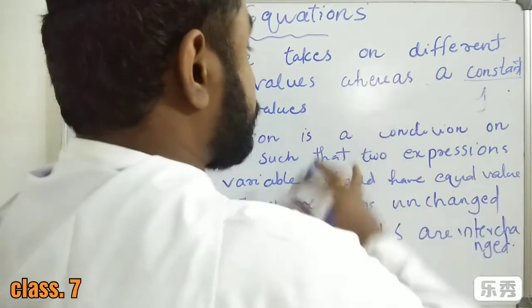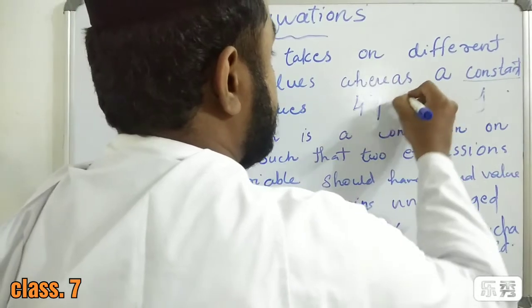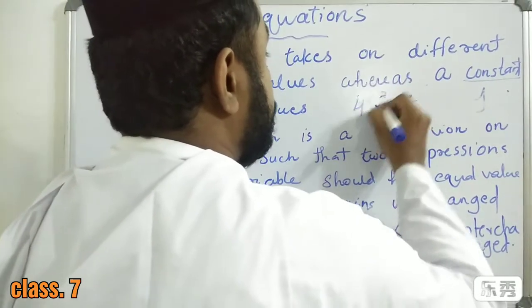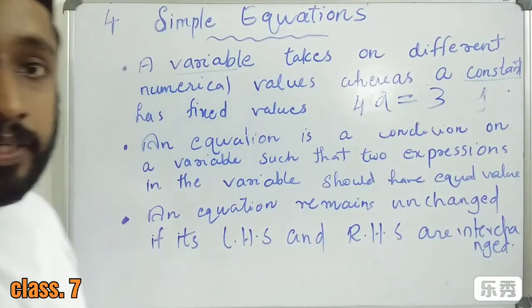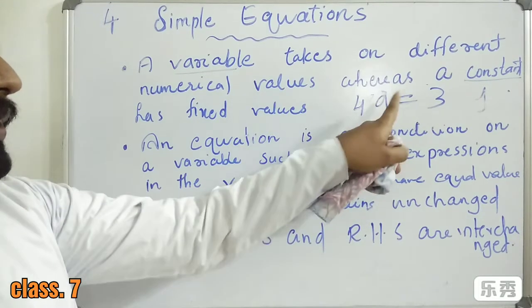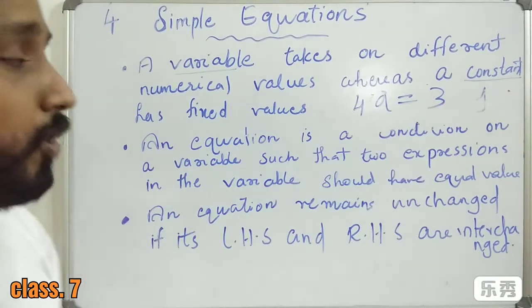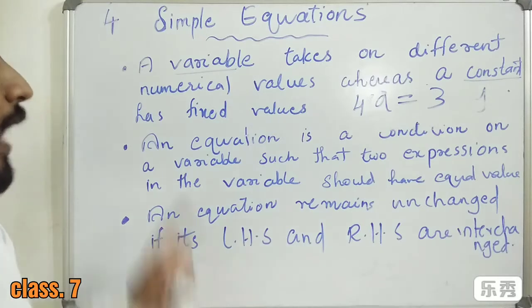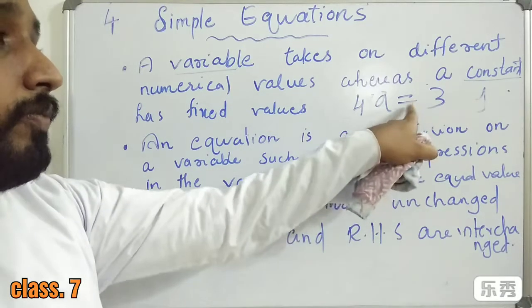Another example: 4a = 3. Here 4 is a constant, a is a variable, 3 is a constant. So 4a = 3 is an equation, which consists of an equal sign.